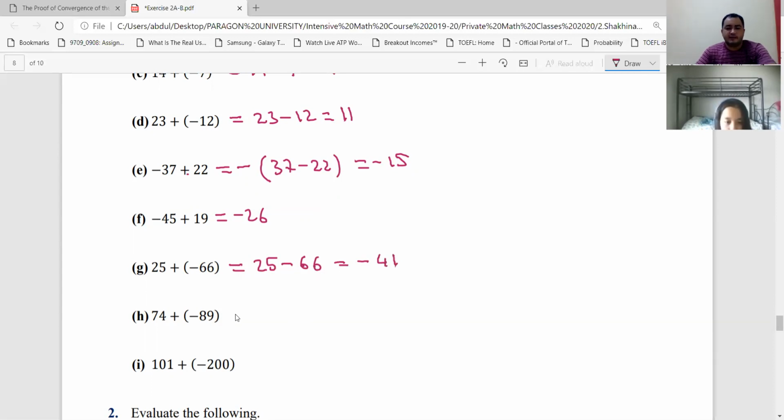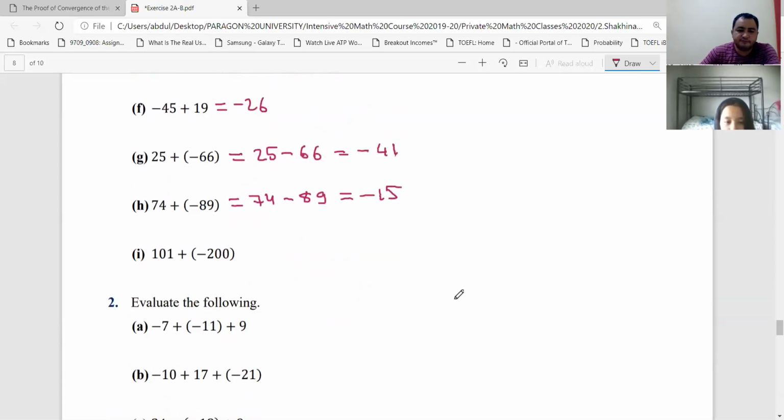Okay, next. Negative 89 plus 74. So we can write it as 74 minus 89, right? This is greater, it will be minus: 89 minus 74 is negative 15. Good.